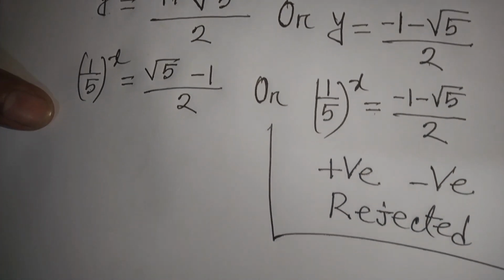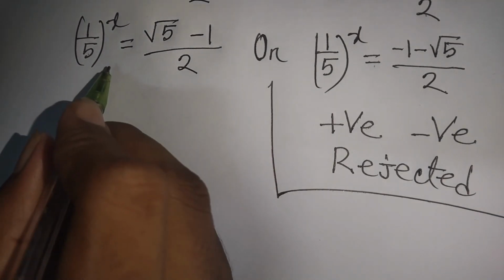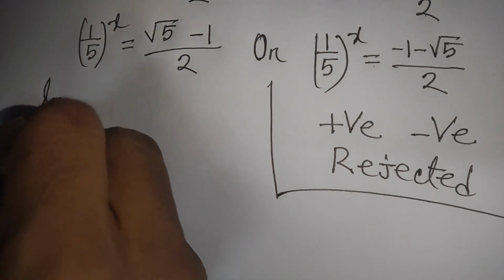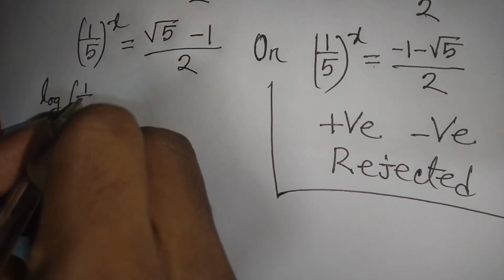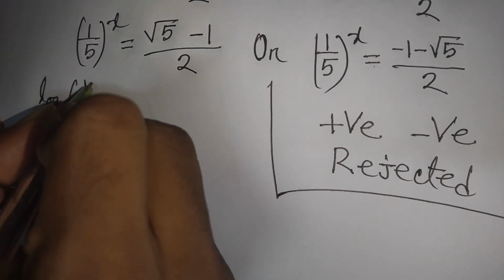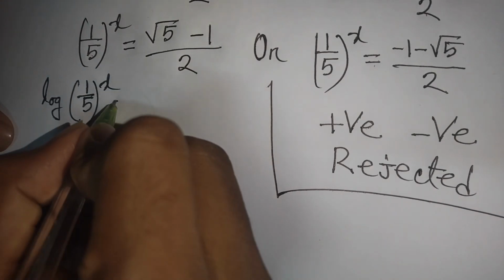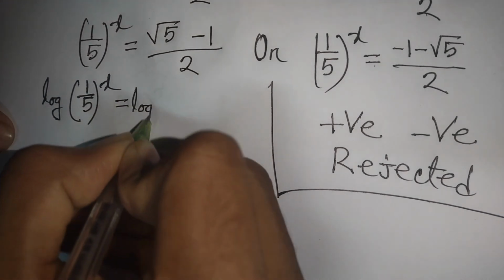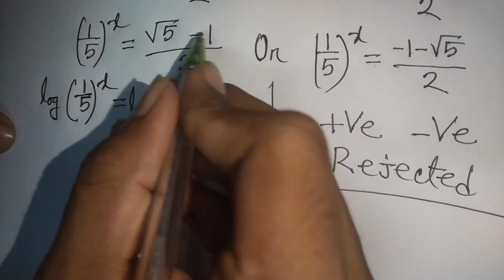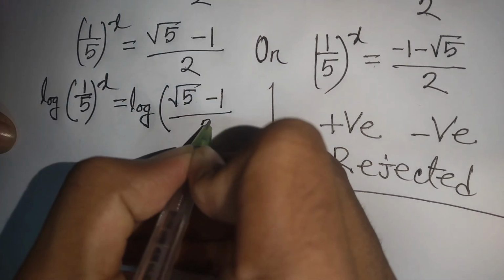Now from here we take log on both sides, so you can write here log of 1 by 5 bracket power x is equal to log of a square root of 5 minus 1 divided by 2.